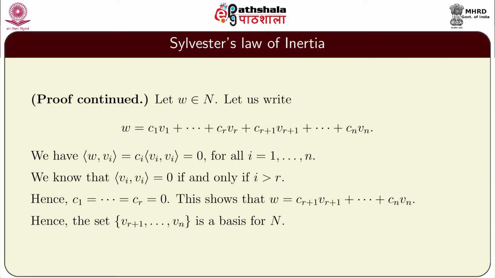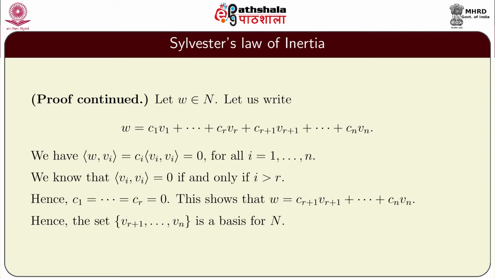And our aim is to show that C1, C2 etc. up to CR, these scalars are 0, which would reduce this expression to W equal to CR+1 VR+1 and so on up to Cn Vn, and that would prove that the set Vr+1 and so on up to Vn is a basis for the null space N. Now, how do we get that?